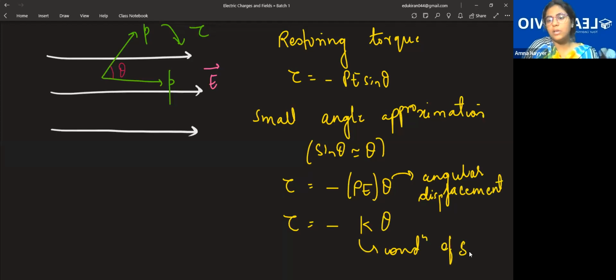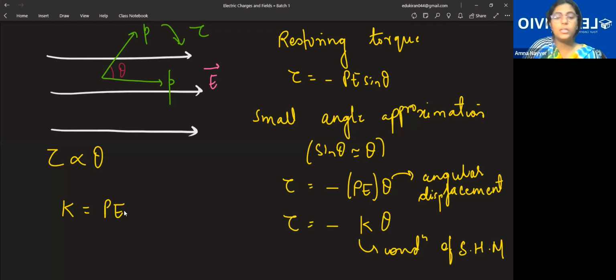So this is the condition of SHM. We have achieved SHM's condition: torque is directly proportional to theta. So what is the K here? K is equal to PE over here.